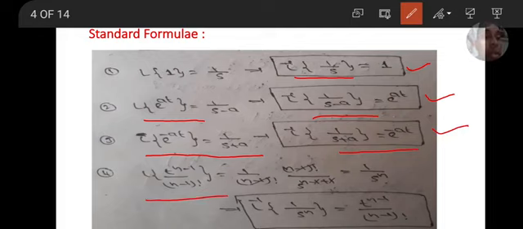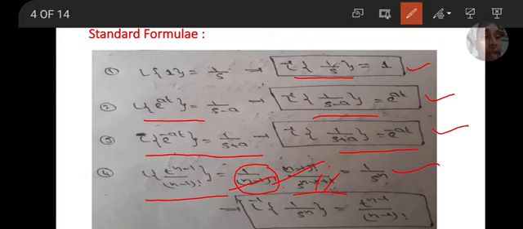So consider t to the power of n minus 1 divided by n minus 1 factorial, where 1 by n minus 1 factorial is the coefficient outside. The Laplace transform of t to the power of n minus 1 is n minus 1 factorial by s to the power of n minus 1 plus 1. The plus 1 and minus 1 cancel, n minus 1 factorial and n minus 1 factorial cancel, giving 1 by s to the power of n.